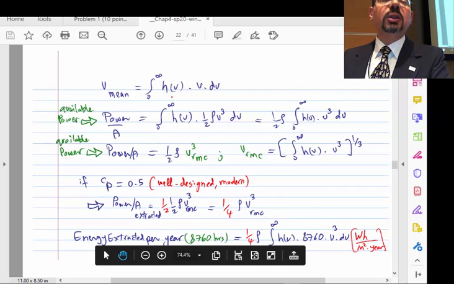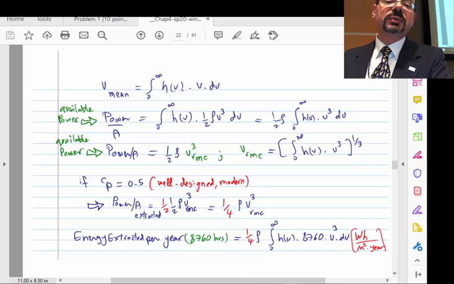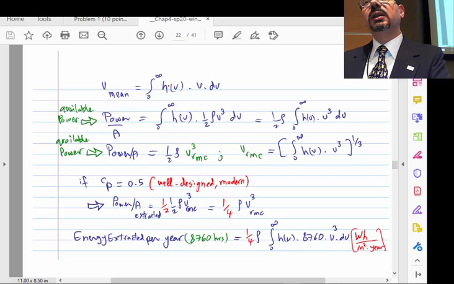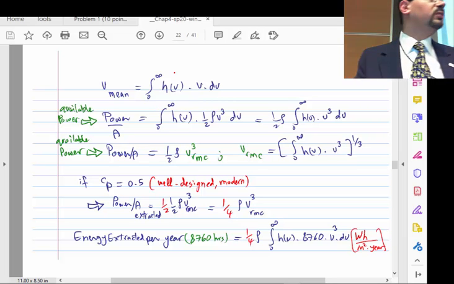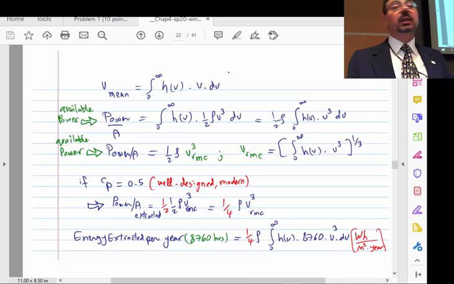In order to come up with it, if you have the distribution function of anything, wind speed, students' grades in an exam, and you would like to find out the average, the mean, you multiply that distribution function times v and you integrate from 0 to infinity. Any distribution function of anything, if you want the average of that thing, that's the way to do it.